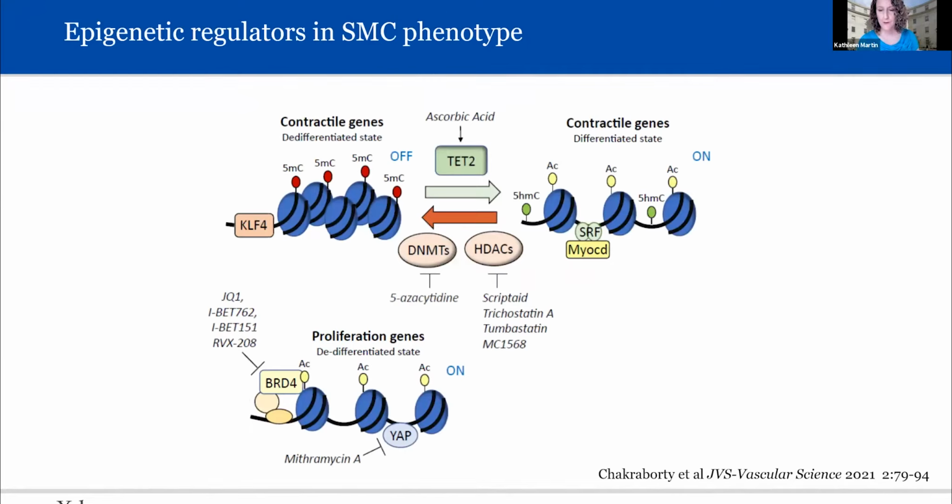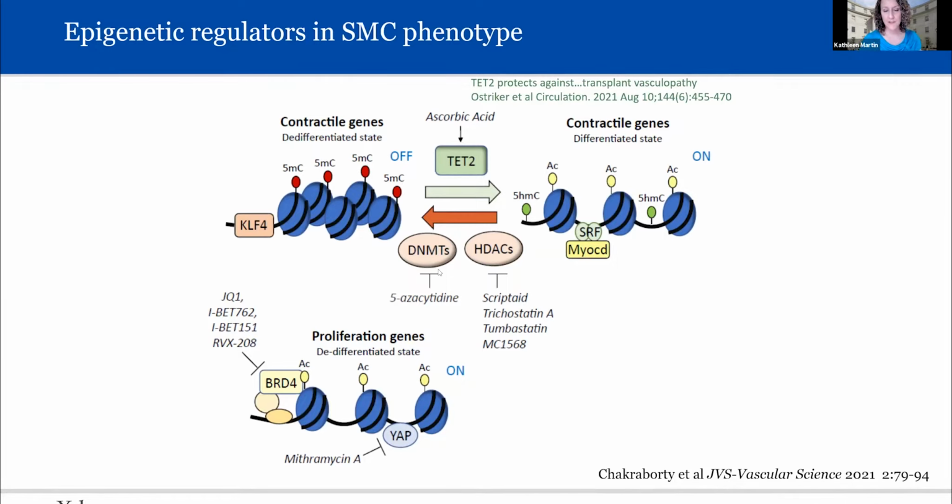This is a figure from our review summarizing the major epigenetic mechanisms that regulate intimal hyperplasia. And so, as we've shown, TET2 promotes this open, active state at contractile genes. We've more recently shown that ascorbic acid, or vitamin C, is a co-activator for TET2. And this allows us to enhance TET2 activity and help protect from transplant vasculopathy, this other model of intimal hyperplasia.